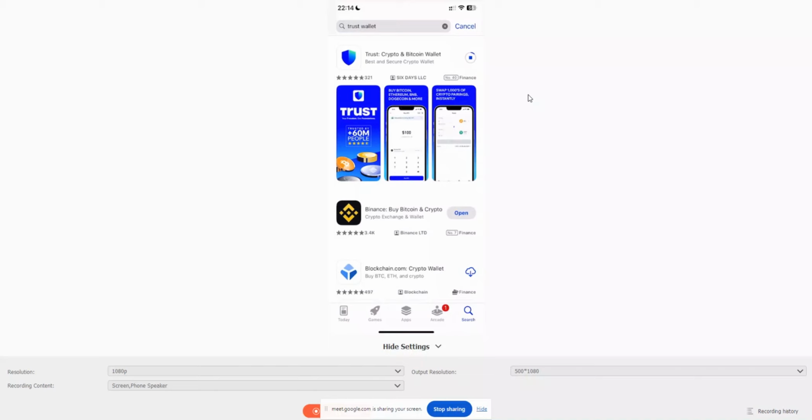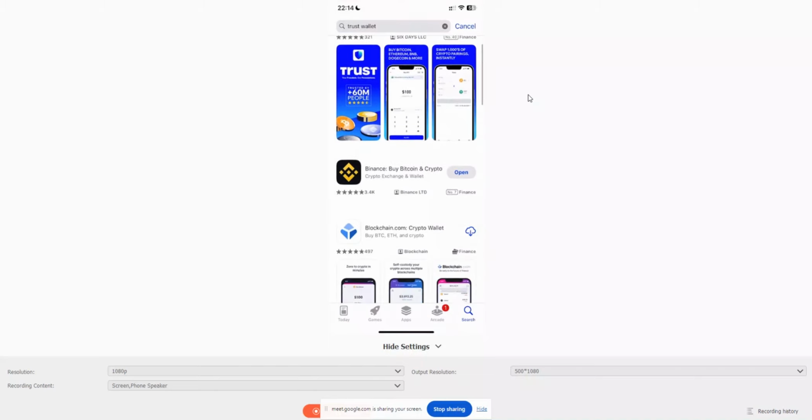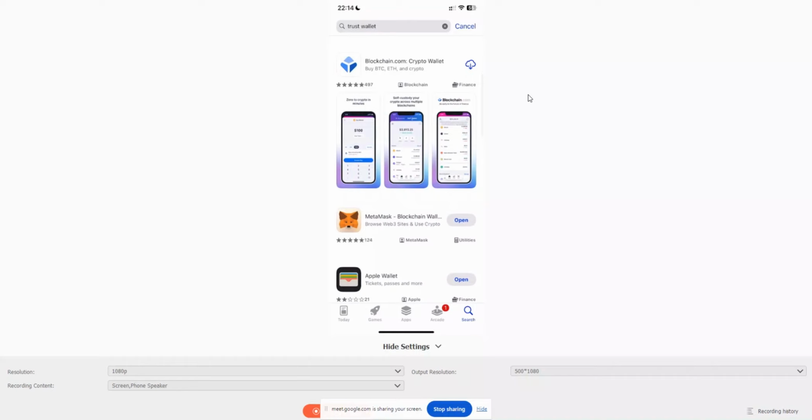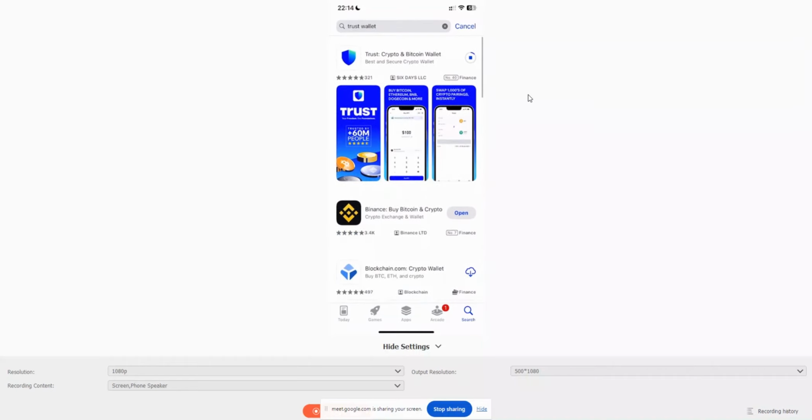This will come in handy when we start talking about decentralized exchanges, because with decentralized exchanges you can only interact with them through non-custodial wallets, and we're going to see how that works.